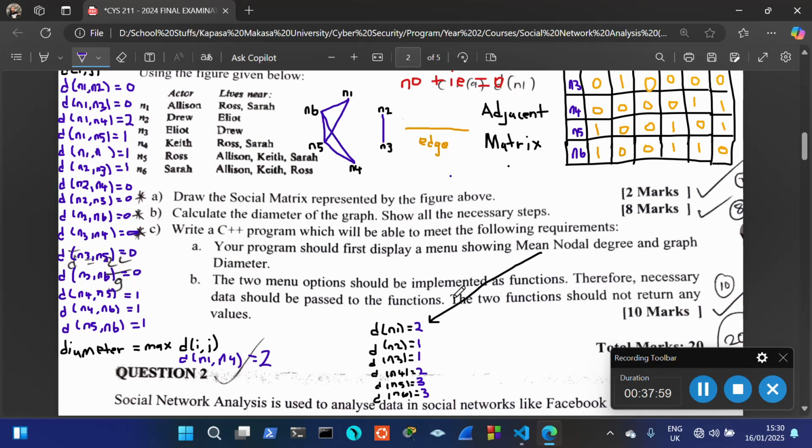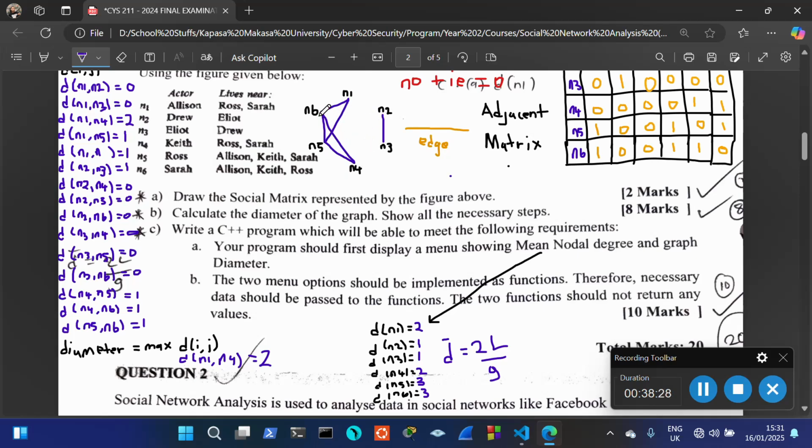So we are lucky we have a formula for mean nodal degree, which is denoted by D bar, and we say it's equal to 2L over G. Now this L you are seeing represents lines. So in this sociogram, we can see that we have lines.